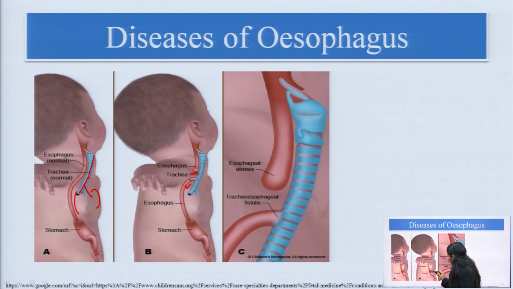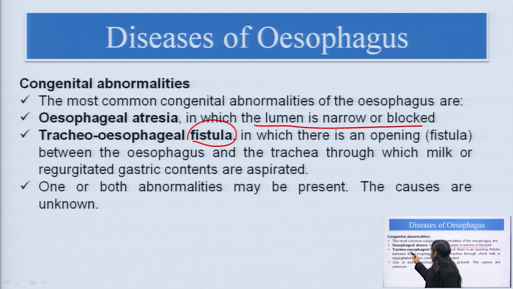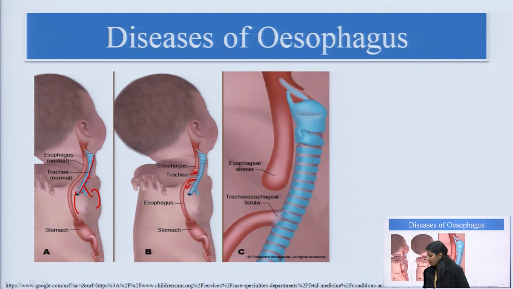In the second scenario, if you look from the lower side, this particular esophagus is joined with the trachea, and this condition is called tracheoesophageal fistula. There is an opening between this esophagus and trachea. So the content in the esophagus will come into the trachea region.